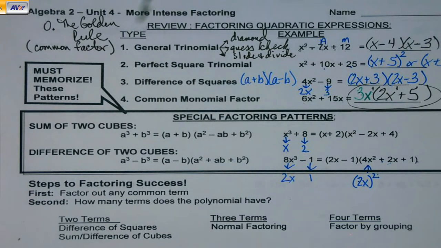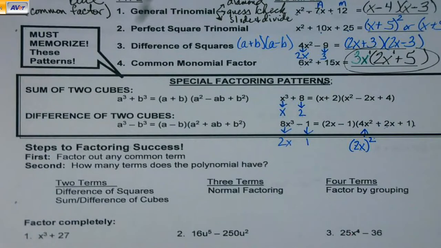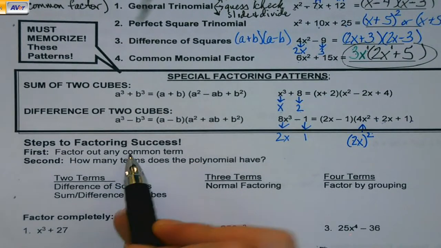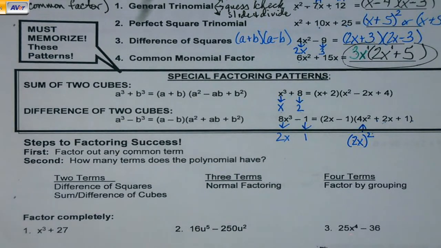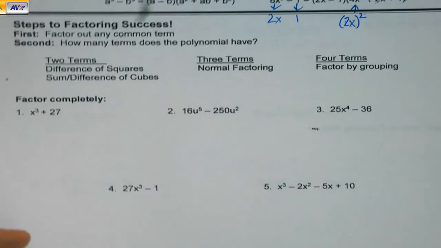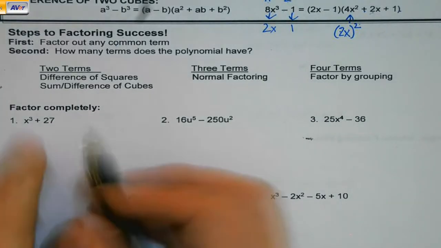Okay? So as we get into kind of a mixture of these, always look for that common term first, our golden rule. And then depending on how many terms we have, which we just got done talking about going into that last quiz, that'll help us see what we're going to do. So for instance, on this first one, I always look first. Do they have something in common?